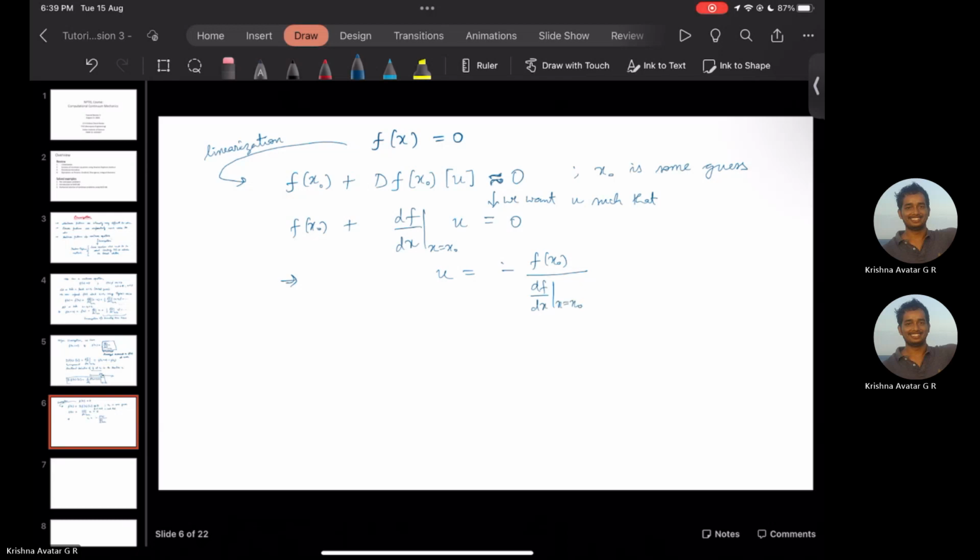So you have u. This is just an increment, so the new value is x1 equal to x naught plus u. However, when you put it back as the argument of the function, it will still not be equal to 0 in general.